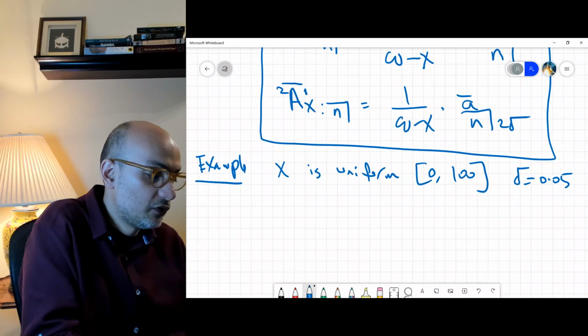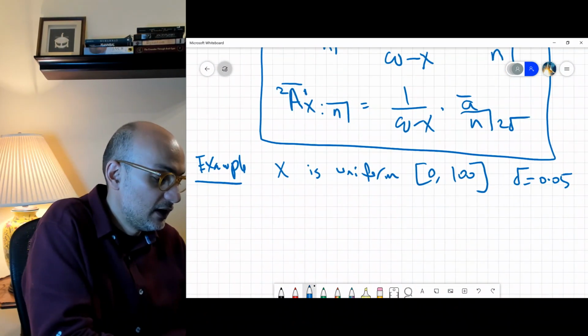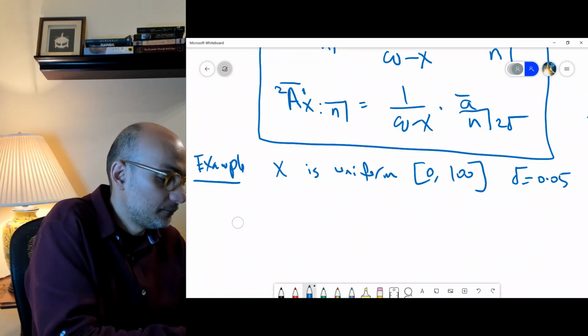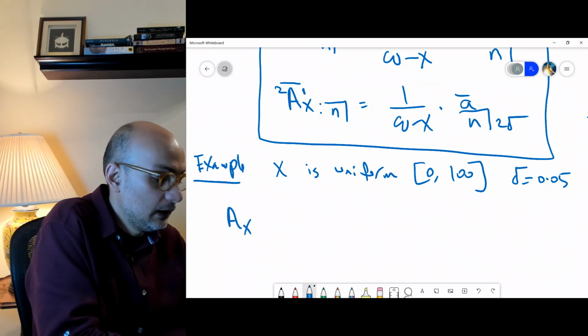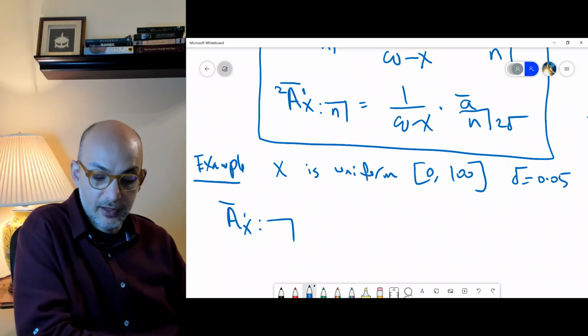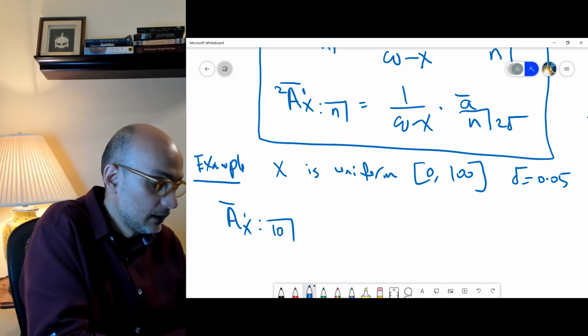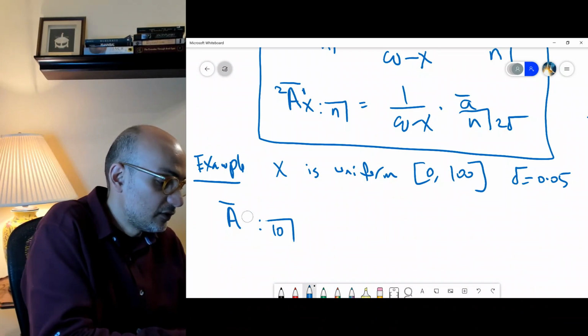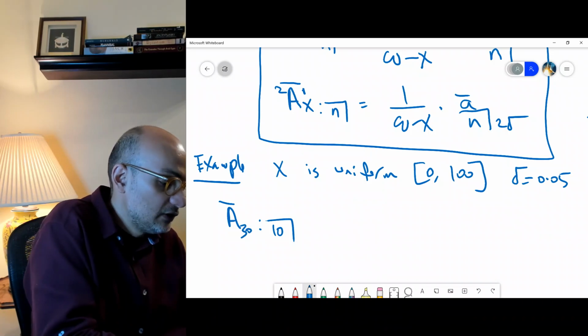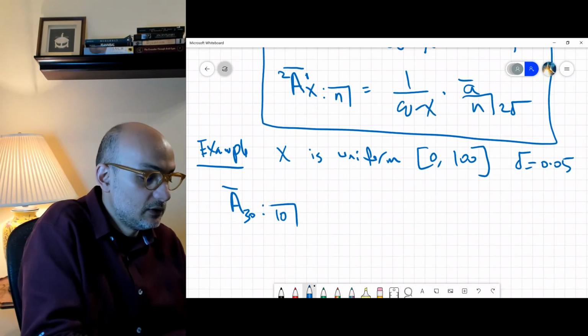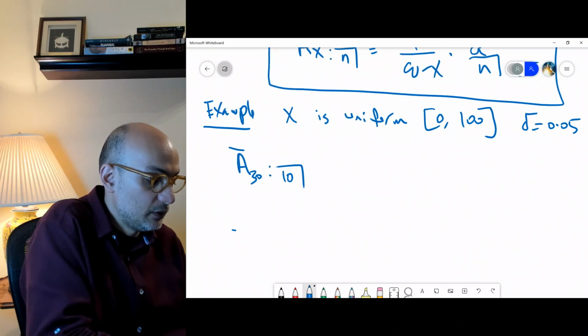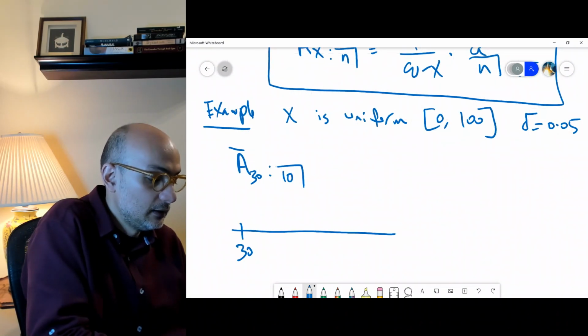We want to find, with the same logic, Ā x angle n for 10 years. Let's say x is 30. So for a life age 30, you need to find this one. So this is what we are looking at. Here we have 30 at time 40.